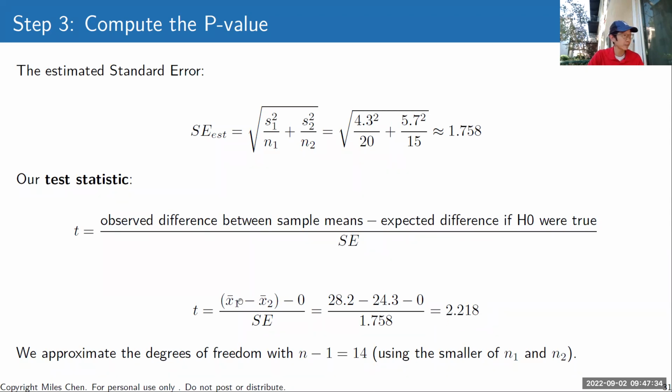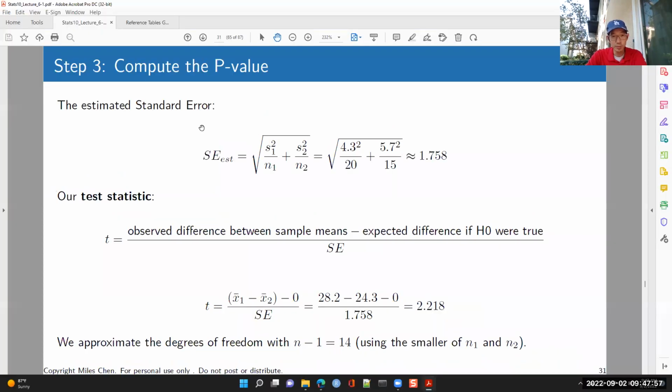So I observed a difference of 3.9. If the null hypothesis were true, I would expect a difference of 0. It's kind of silly doing minus 0, so in a lot of formulas we just throw away the minus 0. We're just going to have X bar 1 minus X bar 2, and we divide by the standard error. And we're going to look that number up, 2.218, in our t-table for 14 degrees of freedom.